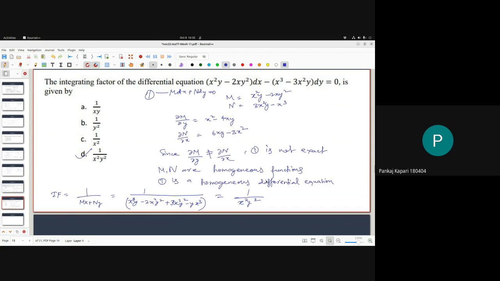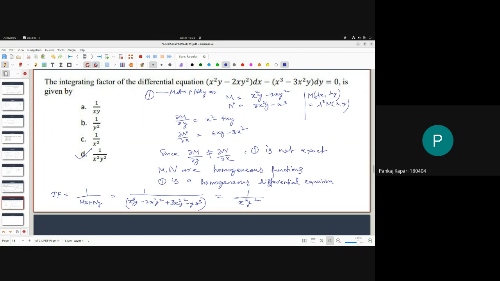One thing to note is that here M and N were homogeneous functions. Why were they homogeneous? If you multiply these terms by lambda, say lambda x and lambda y, what is M of lambda x comma lambda y? You can take out lambda cube as common, and it just becomes lambda cube times M of x comma y.